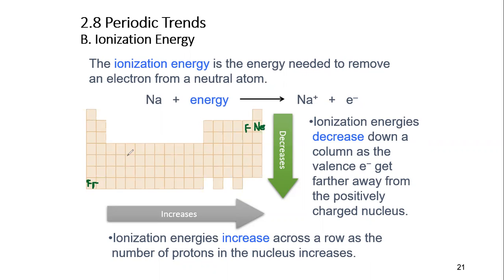Metals have lower ionization energy than non-metals because it's easier for metals to remove electrons. So these are the periodic trends that you need to know: valence electrons, atomic size or radius, and ionization energy, namely what we refer to as the first ionization energy.